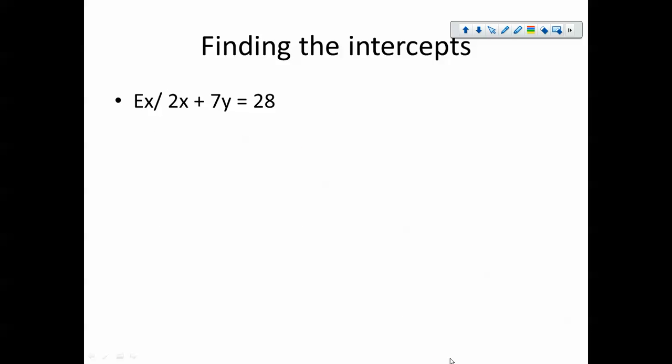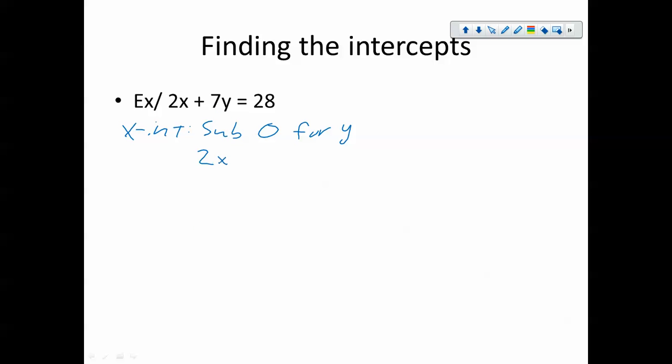We're going to find the intercepts algebraically. So we're not going to worry about graphing at first. We remember what we said. For the x-intercept, we're going to sub 0 for y. So I'm going to take 0 and sub it in for the y here.